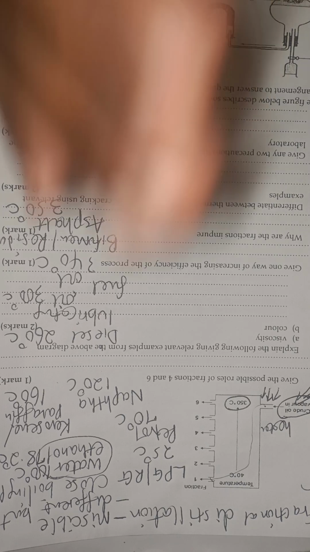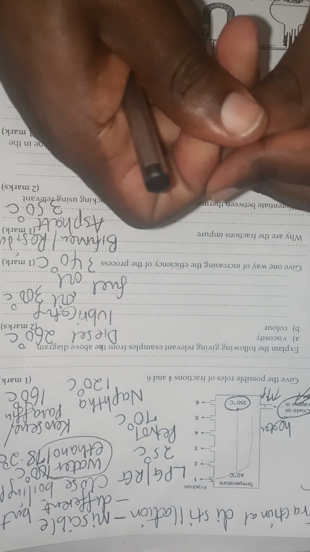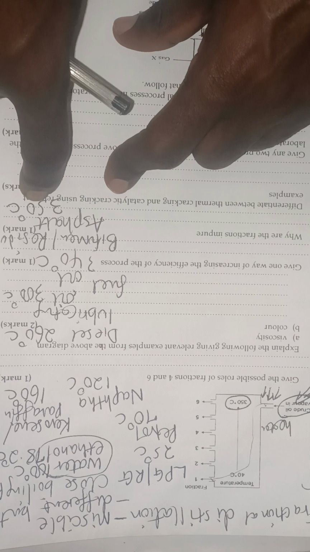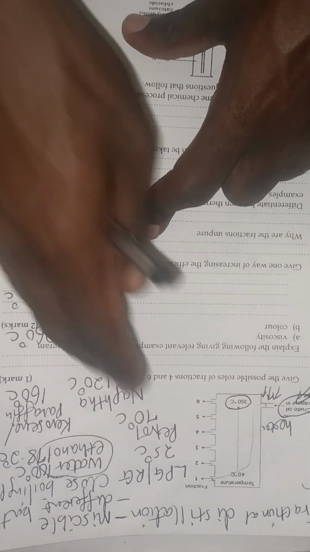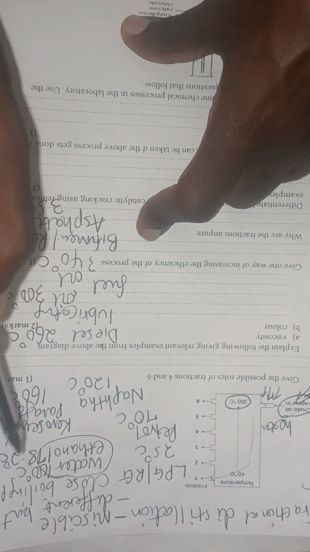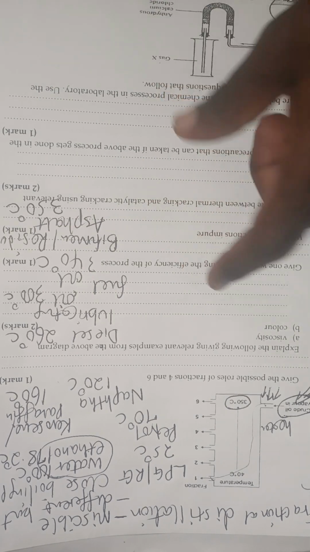So those are the main components that form crude oil. In its impure form, in its useless form, when it gets mined from the ground, it can be heated up to a maximum temperature of 350 degrees Celsius, so that at the end of the day, quite a good number of fractions can get collected, 8 in number. RG, petrol, naphtha, kerosene, diesel, lubricating oil, fuel oil, and bitumen, residue or asphalt as our last fraction.